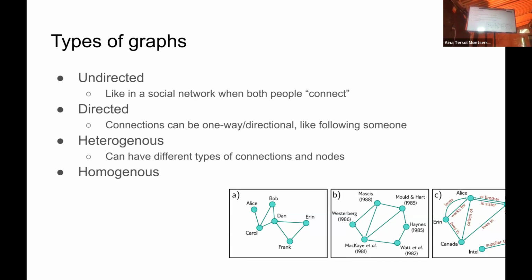You can have different kinds of nodes and different kinds of edges as well. Intel is a company, but Aaron is a person. So there can be different types of nodes and different types of edges, and that connects in a very rich way. Yeah.